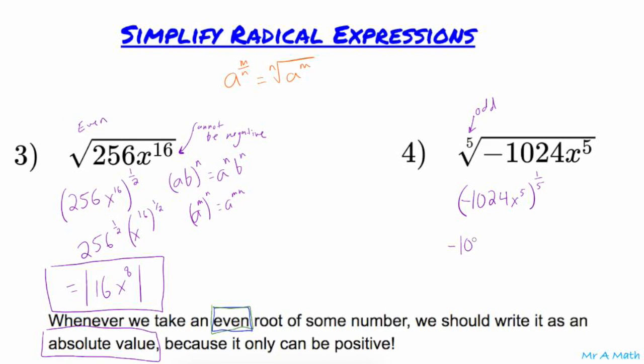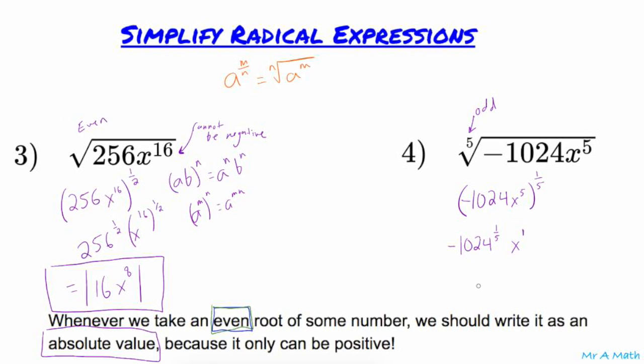So this is negative 1024 to the 1/5 power. And when I distribute this and multiply, I get x to the first power. Now take out your calculator and find the fifth root of negative 1024, or raise negative 1024 to the 1/5 power.